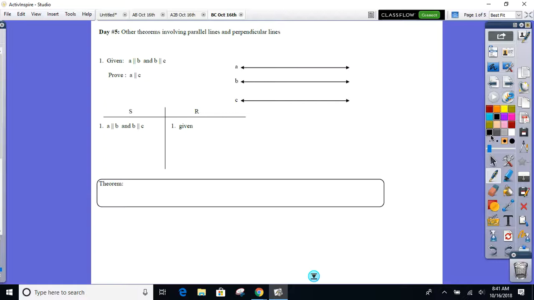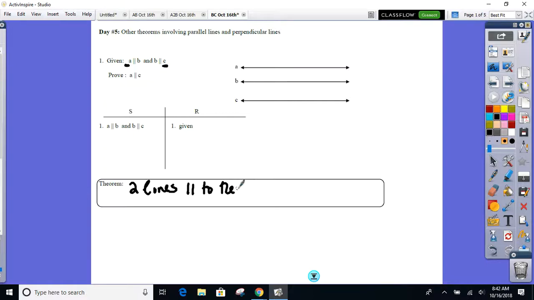This is a new theorem, which we'll first write in the packet, and then we will write on your index card. Here is the theorem that says if two lines are parallel to... anybody want to think they can finish it? Two lines, in this case A and C, are both parallel to what? The same line.